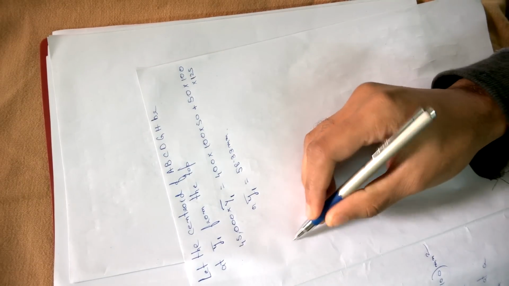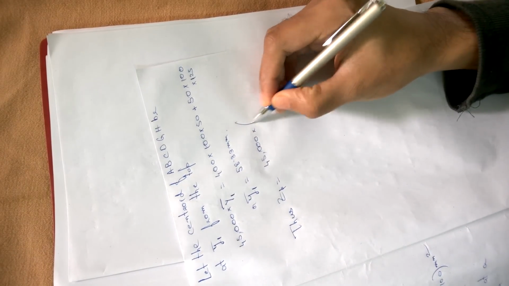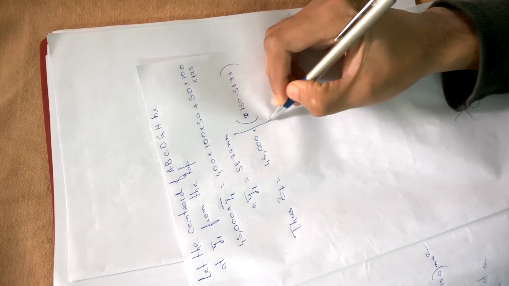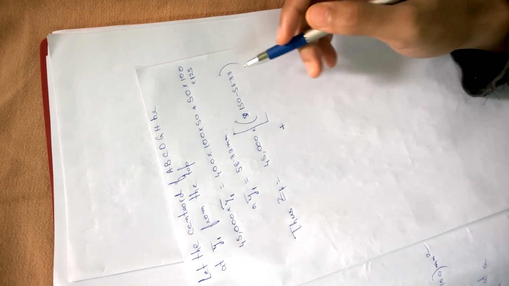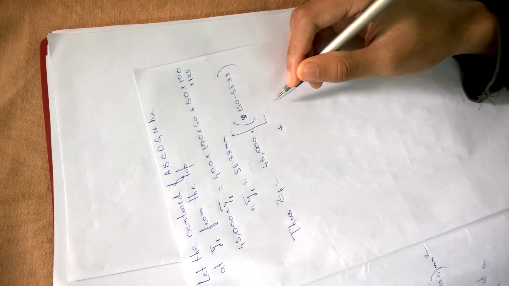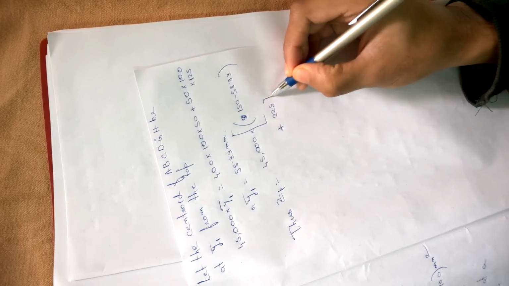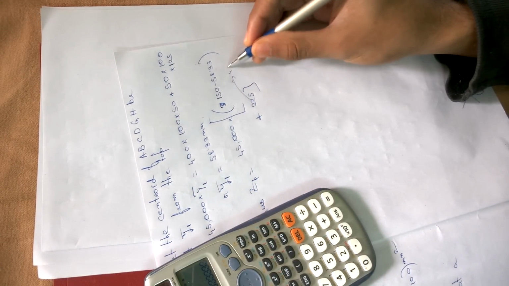Now this Zp equals 45,000 into the upper portion, which is 150 minus 58.33, plus 45,000 into the lower portion, which is 225. This 225 comes from 450 by 2.